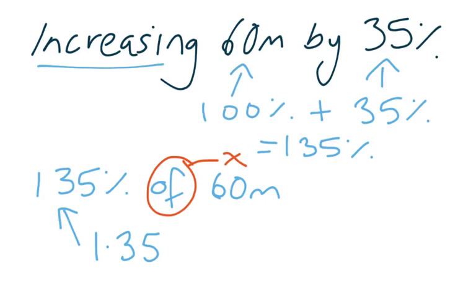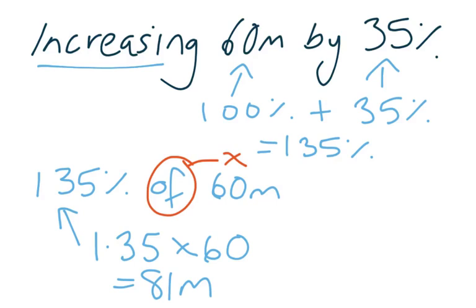So we do 1.35 times 60 to get our answer in one step, which gives us 81 metres. So what we've done there is we've increased it by 35% by finding 1.35 times 60, because multiplying by 1 gives us the 60 again, and then we're increasing it by 0.35, which is 35%, which is where the 0.35 comes from, and we get 81 metres.